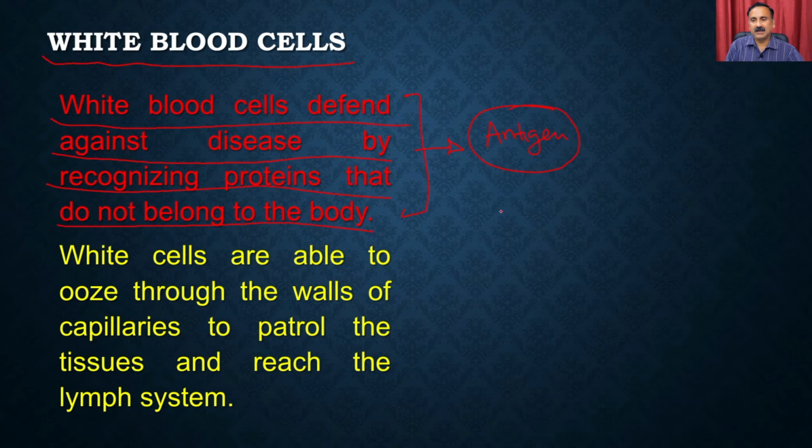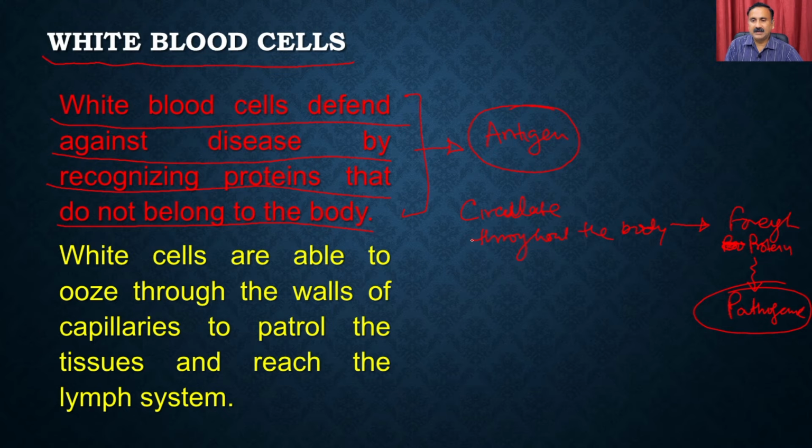What the white blood cells do is circulate throughout the body, looking for foreign proteins. These foreign proteins indirectly come from pathogenic organisms, so they are actually looking for pathogenic organisms.